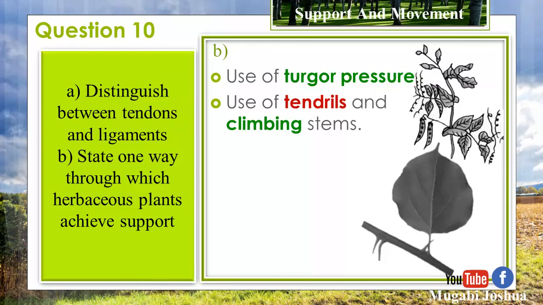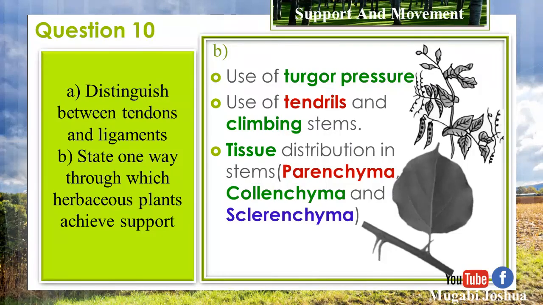And then the herbaceous plants also have tissue distribution in the stems like the parenchyma, collenchyma, and sclerenchyma, which act as supporting materials in the plant.